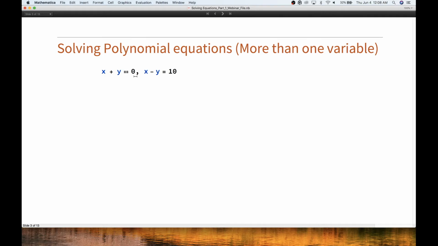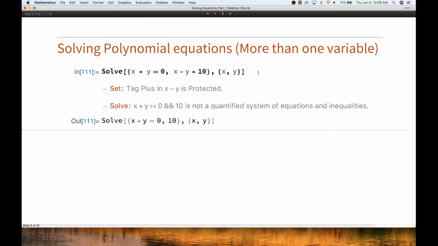In Mathematica, when you have to give a list, you surround that list with curly braces, and the function we are still using is Solve. So we give the list of the equations, and then we need to tell it what variables we need to solve for. We know that these are two variables, x and y, and then we can solve it.